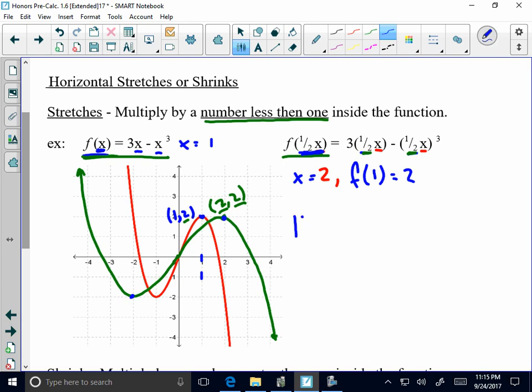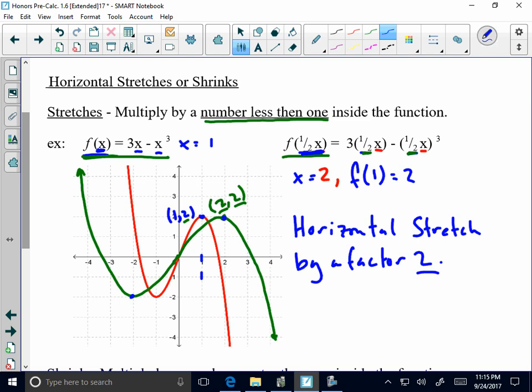We would say this is a horizontal stretch by a factor of the reciprocal, 2, right? And basically that's because it's taking us twice as long on the x to get to those same function values, right?